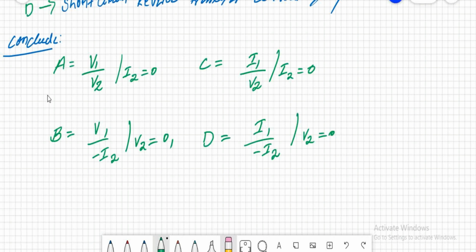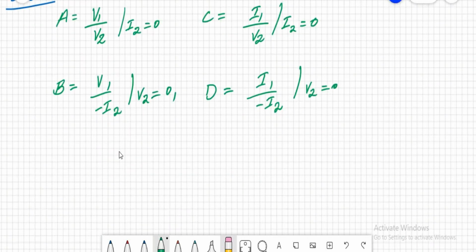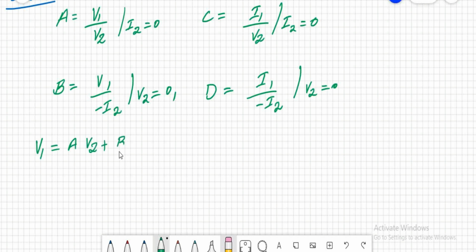So is it possible to draw the equivalent circuit? No. For ABCD parameters, it is not possible to draw an equivalent circuit. Why? Because here the equations are V1 is equal to A into V2 plus B into minus I2, and I1 is equal to C into V2 plus D into minus I2.